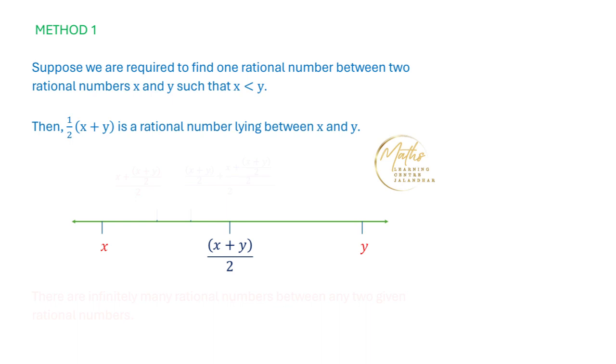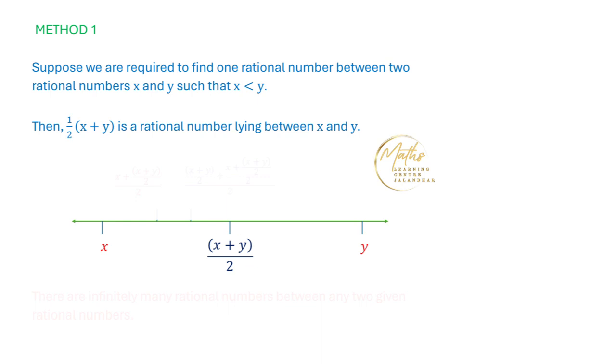Now suppose we have to find another rational number between x and y. One number we have calculated using this formula, it is (x plus y) by 2. Now suppose we consider two numbers, one is this number x, and the other is (x plus y) by 2.